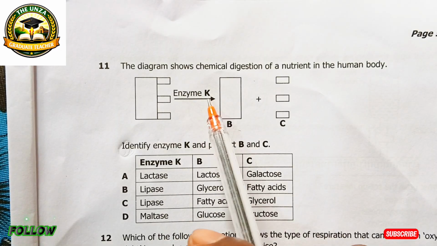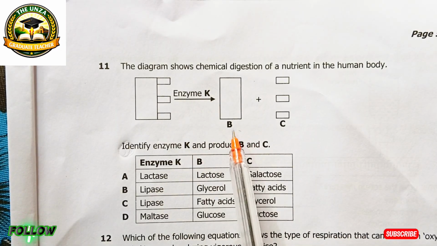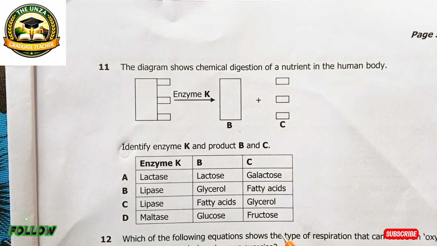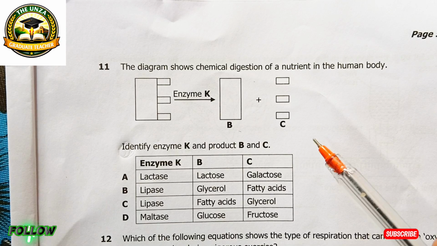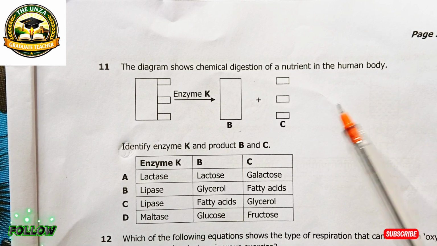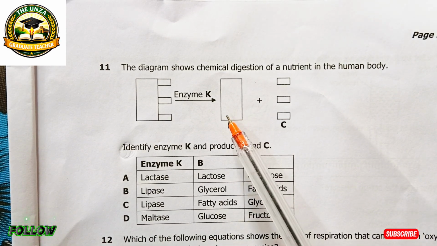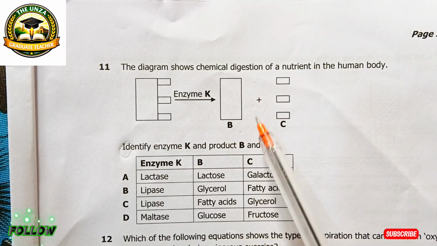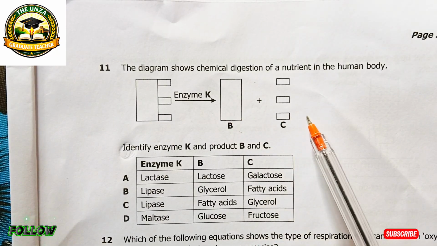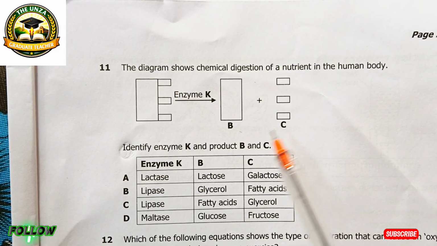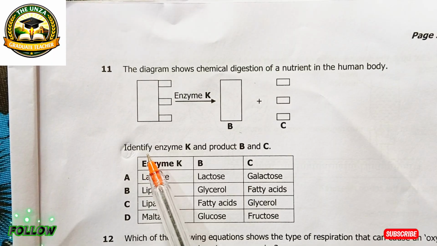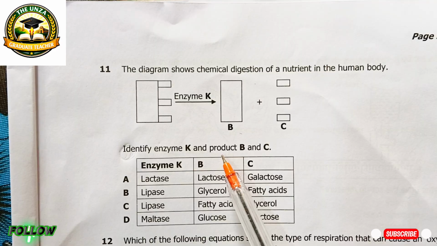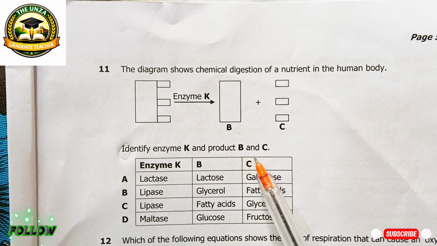So this was enzyme K, it was B plus C. So now, what you need to understand is that enzyme K and the products, there's this product B and C. So now we need to hear what the question was saying. The question was saying identify enzyme K and the products B and C.